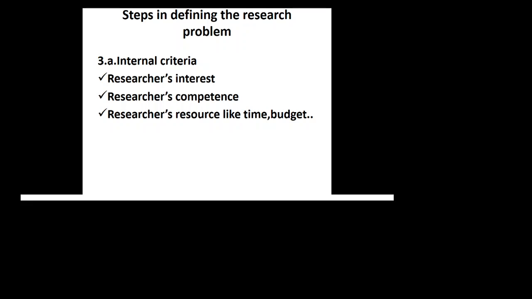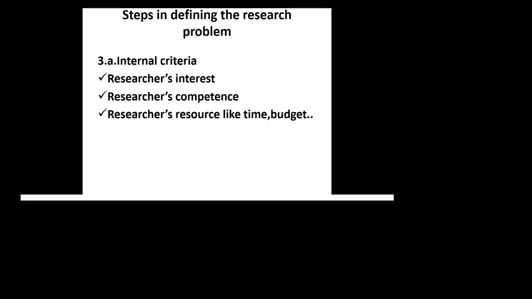So only if there is a lot of enthusiasm and zest, only then the researcher is going to take up research as a challenge. He is going to persevere in it. There must be a lot of dedication in doing the research. Therefore, the researcher's interest and enthusiasm is very important in the topic.